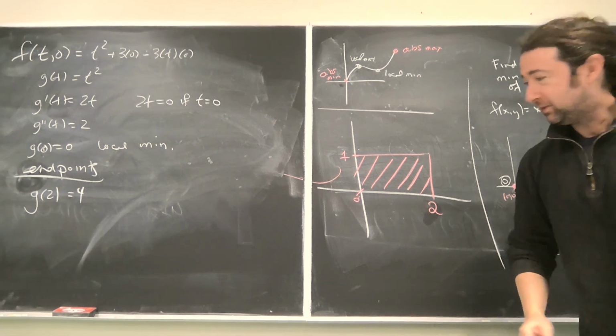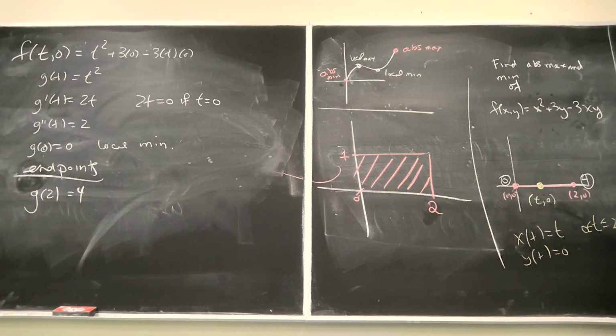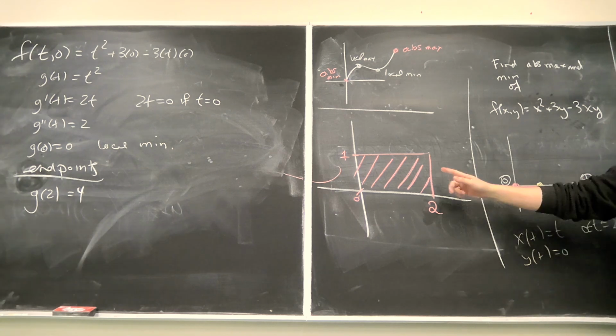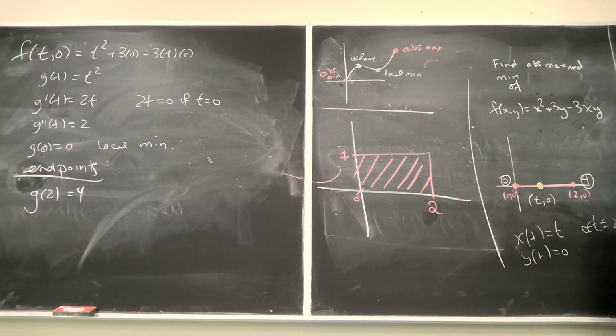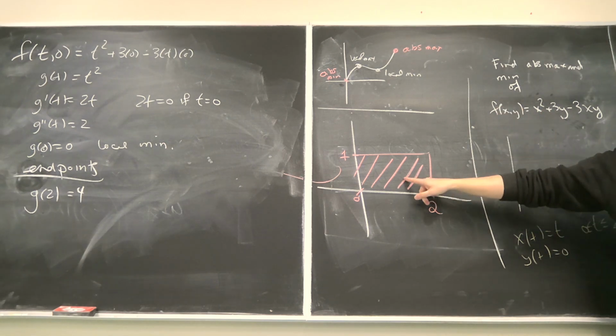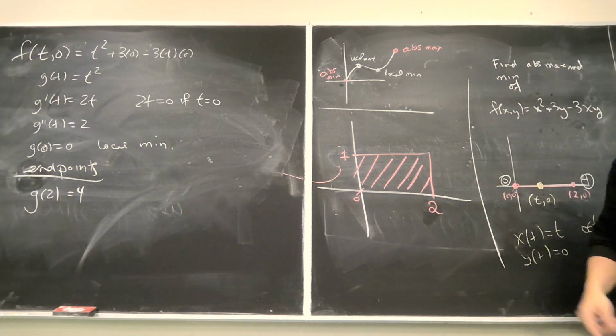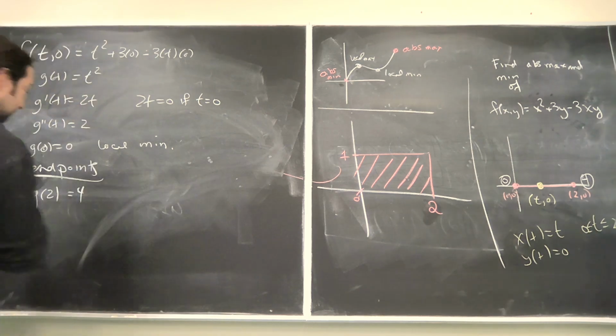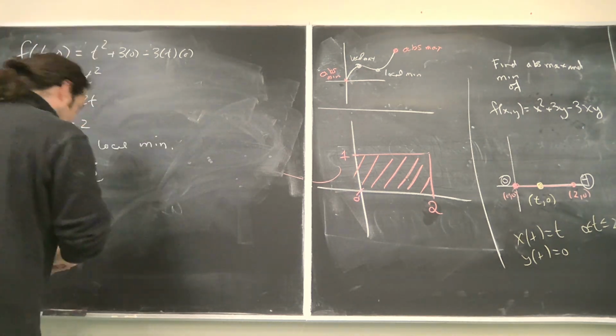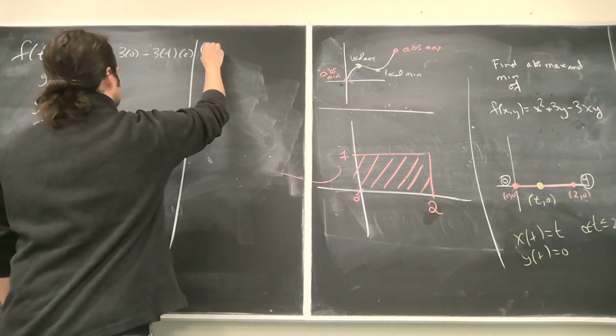Of course, that's great. We have now figured out what f restricted to this curve has as its maximum and minimum. If I want to check for the absolute max and minimum on the box, I need to check the other 3 sides too. So I have four different optimization problems to do for the price of one. If I want to know where this function attains its absolute max or min on this box, this is going to be the general procedure.